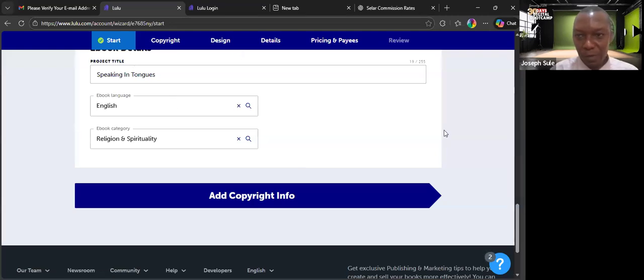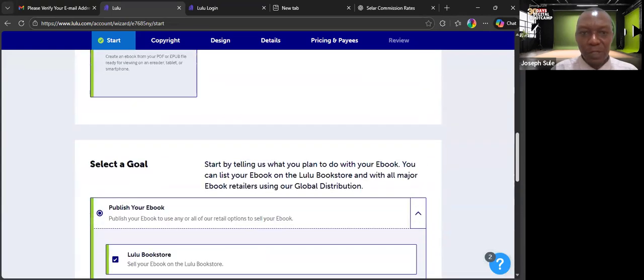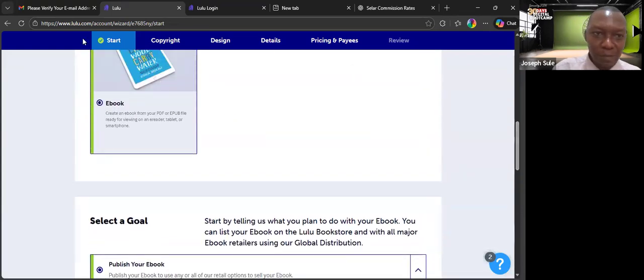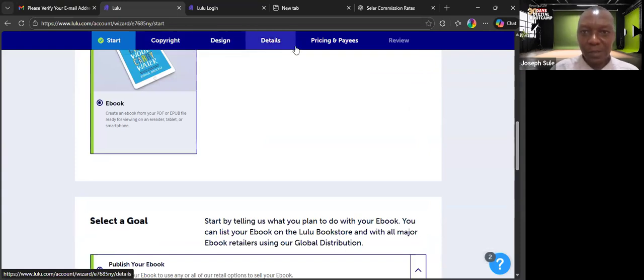These 6 columns guide me to publishing my book. They are here: start, copyright, design, details, pricing and payees, and finally review. These are stages that we have to pass through before our book will become live on Lulu.